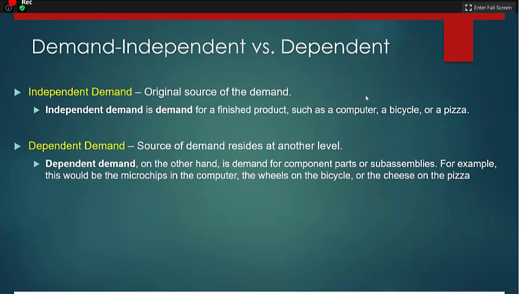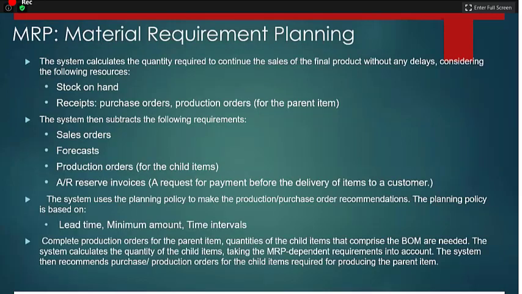If I want to produce 100 bicycles, I need to have, for example, 200 tires, because each bicycle has 2 tires. So this is what you call dependent demand. Okay, is it clear? Understood or not? Okay, no answer. I think it's clear.